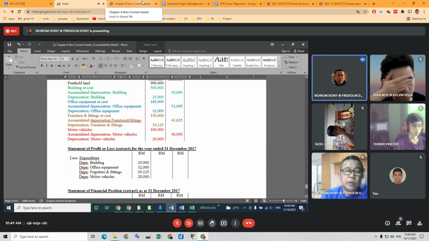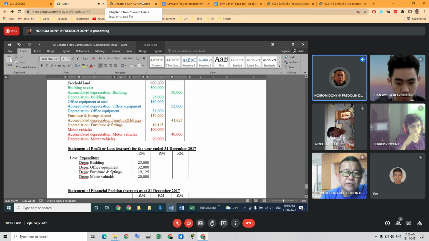This completes as we close off the expenses account. We have building 25,000. This is debit, but since we are using presentation form, we don't see debit and credit, but less and add only. So less represents debit. So 25,000, 32,000, 19,125 for furniture and fitting, and the last one is motor vehicle 20,000.